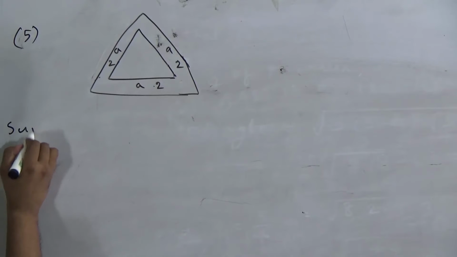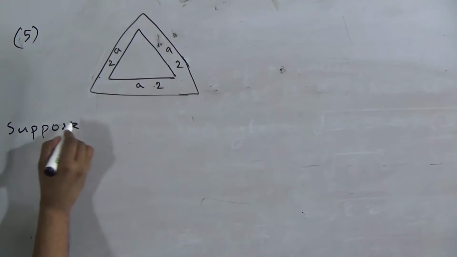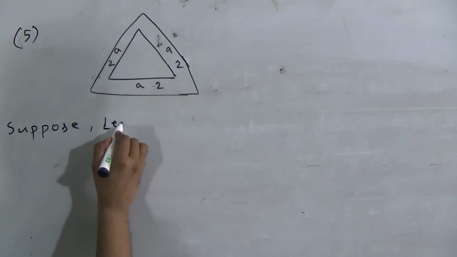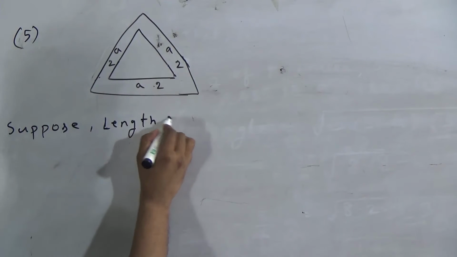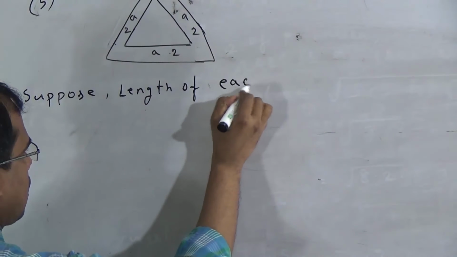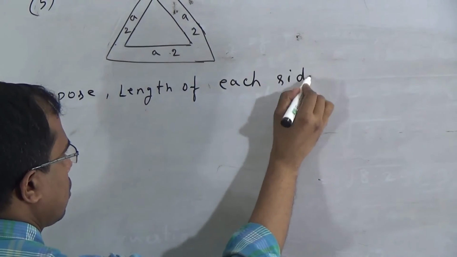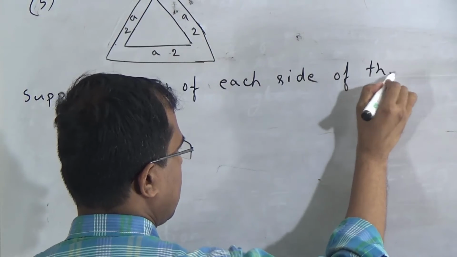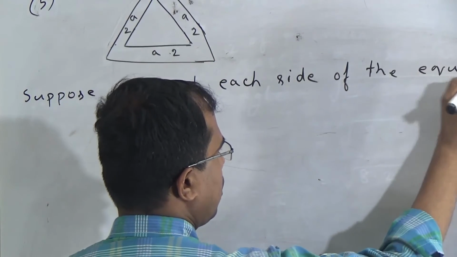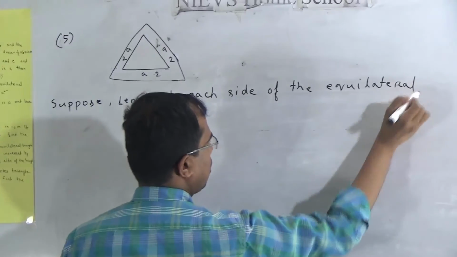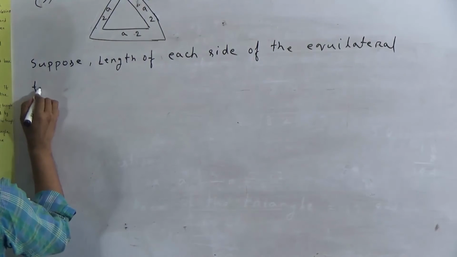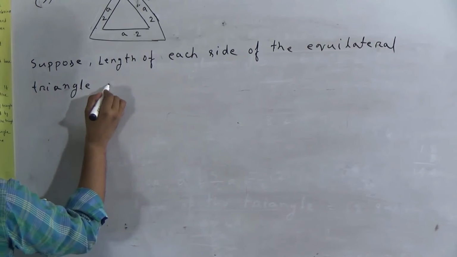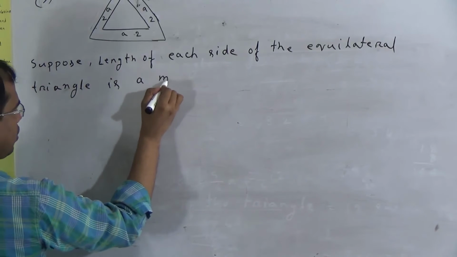Suppose length of each side of the equilateral triangle is a meter.